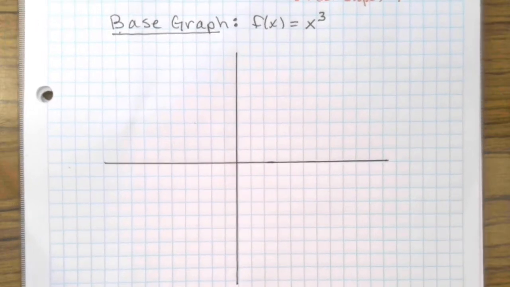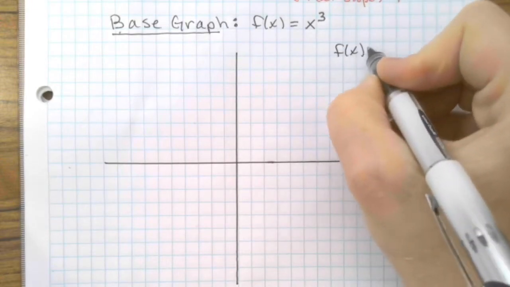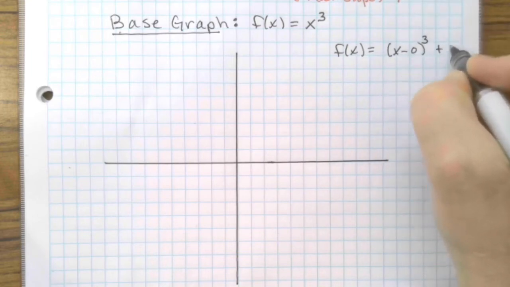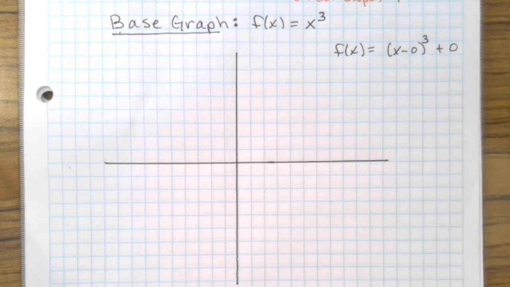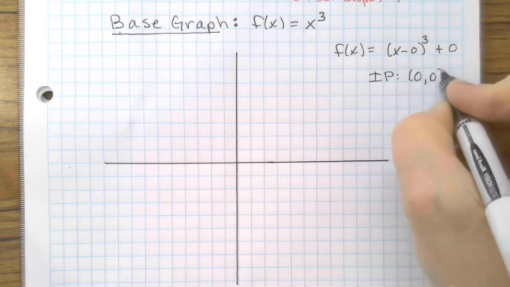Okay, so for the base graph, if I rewrite the base graph, f of x equals x minus 0 cubed plus 0, you can clearly see that the inflection point is 0, 0.